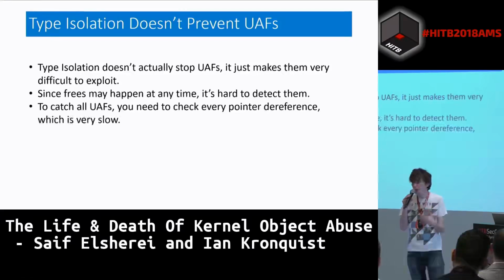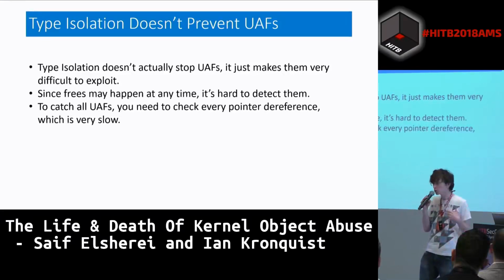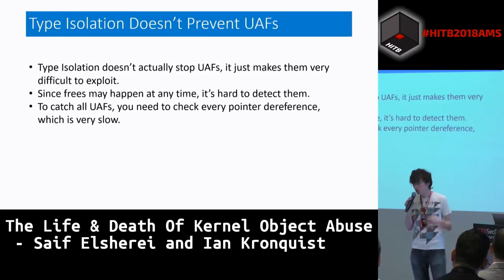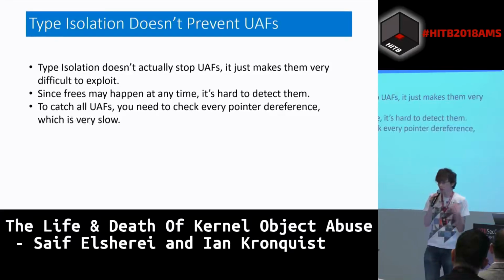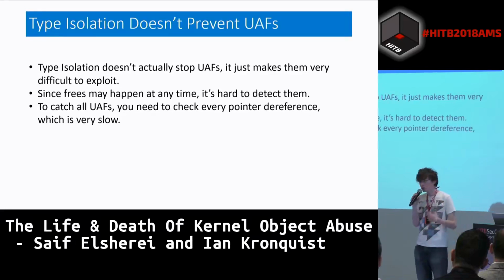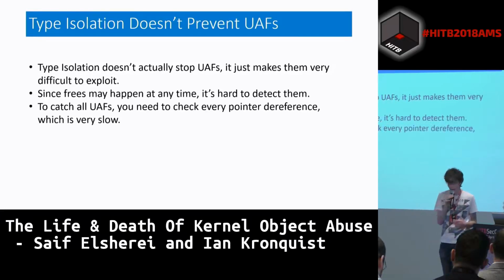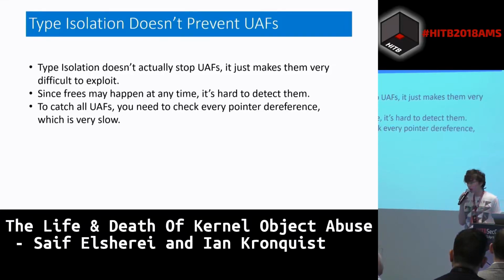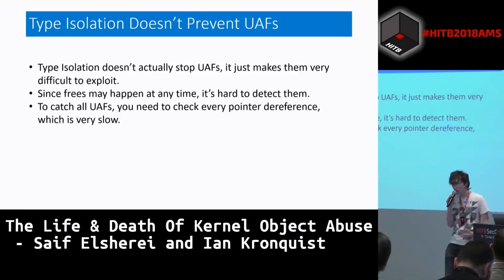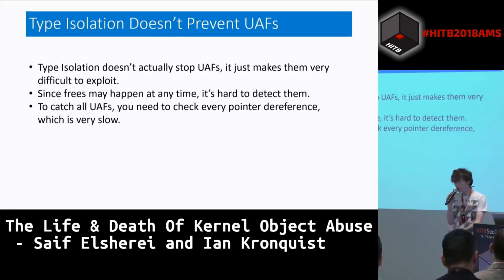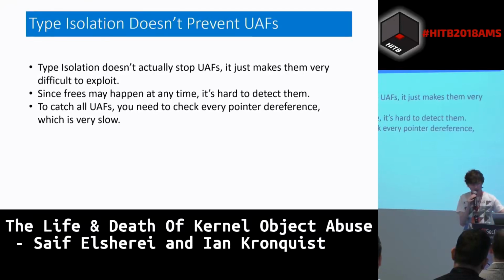That's something which you can't do in the kernel. Windows would just slow to a crawl. So this is something where in the kernel you have a lot of interesting considerations which you have to think about when you're designing your mitigation. So we've designed it so that even in the face of UAFs, as they inevitably occur, that's our assumption, UAFs are going to happen, but the attacker's not going to be able to take them and exploit them and escalate privileges like Salf showed you.